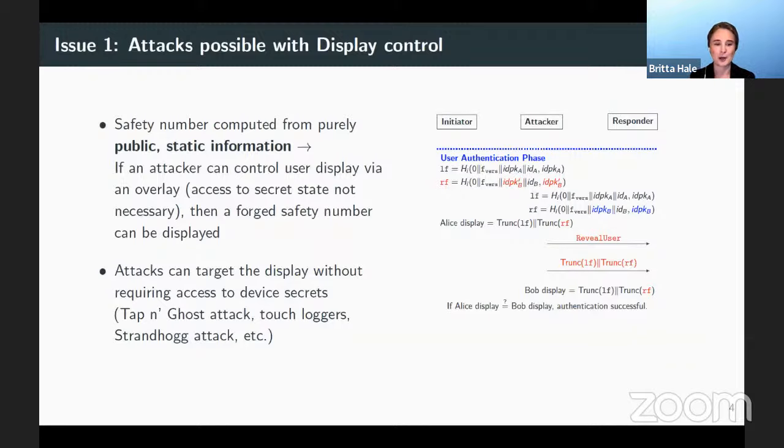This is further complicated by the fact that we are showing them to the user through a display, and there are various attacks in the literature that actually target the display to and from the user. These types of attacks do not generally imply compromise of the secret keys on the device. So it's not a typical crypto compromise. Instead, either through malware or various techniques, they are able to display something to the user or alternatively, manipulate the user input on the screen.